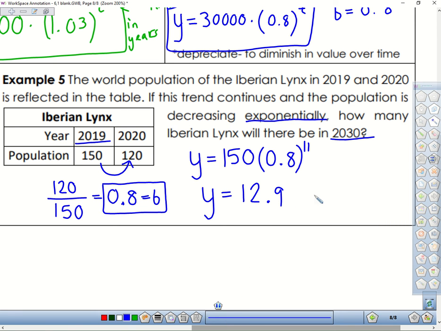Obviously you can't have 12.9 lynx. So approximately 13 of them will be left in 2030, which is kind of depressing, right? They're going extinct pretty fast. So do you guys have any questions about how I set up this equation? This is the starting amount, the rate, and the years since. Okay.